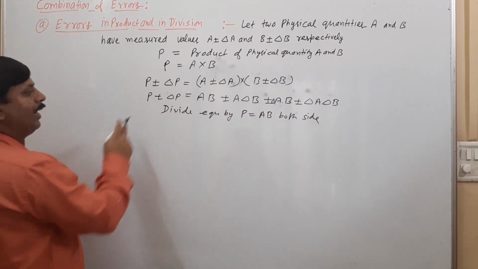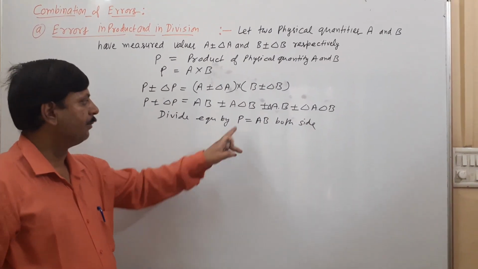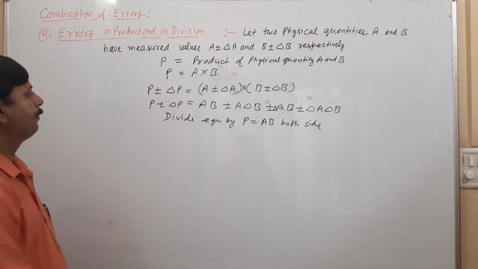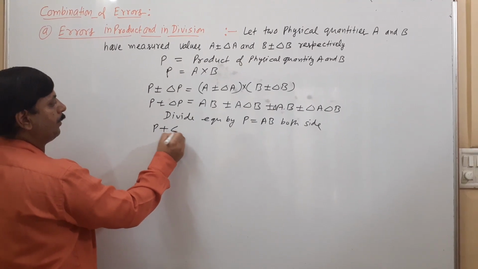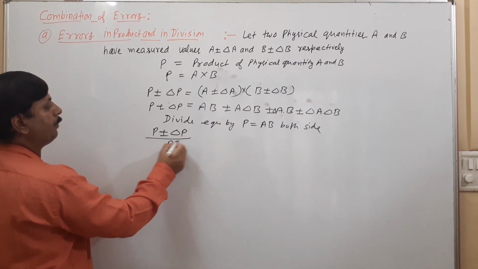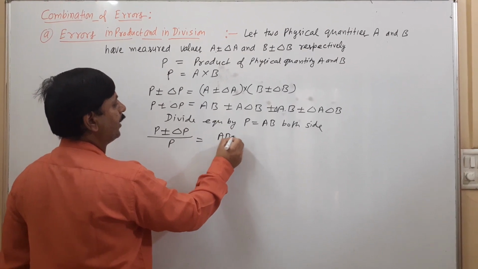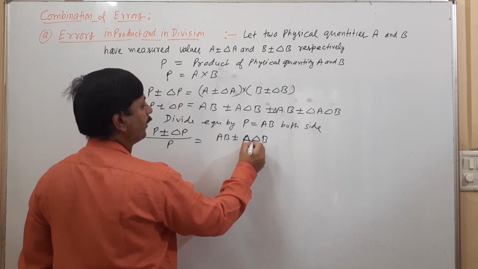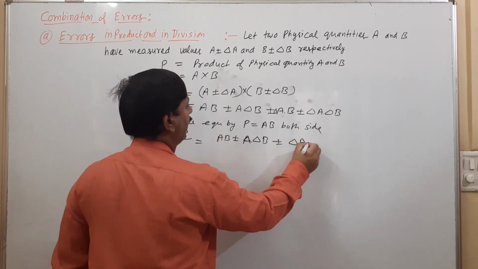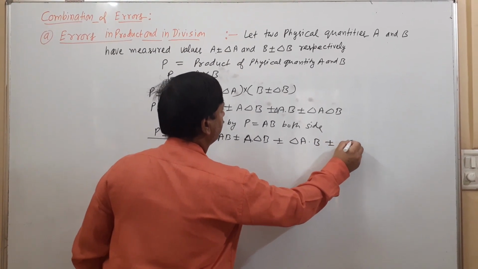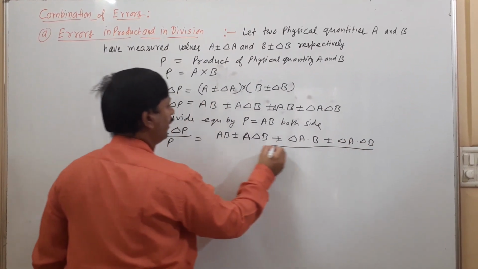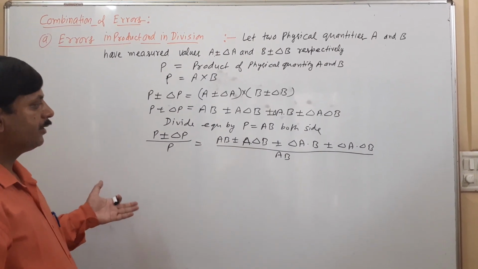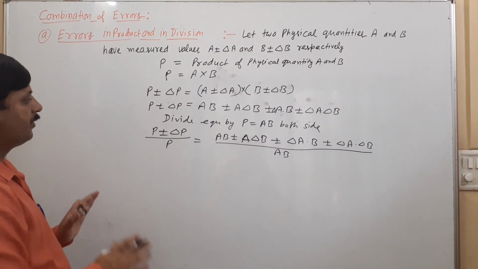See here, P and AB are both the same. The left side we divide by P and the right side we divide by AB. What happens? P plus minus del P divided by P equals AB plus minus A del B plus minus del A into B plus minus del A into del B, total division by AB. P is equal to AB, no change, both sides are equal.